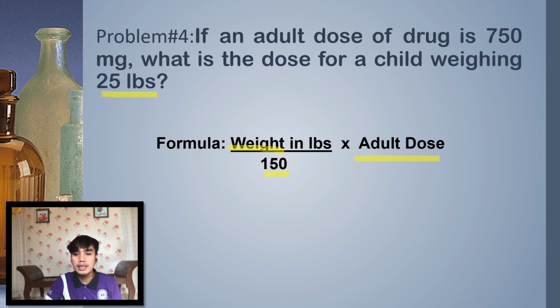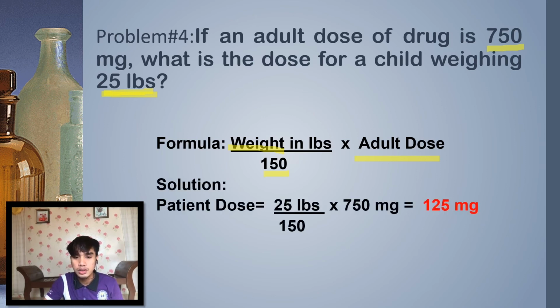Next step is simply to substitute each value given in the problem. So here's 750 and 25 pounds, the values given in the problem. So the patient dose would be 25 pounds over 150. So weight in pounds of the child, 25 pounds, over 150, which is our constant value, and then multiplied by 750, which is our adult dose.